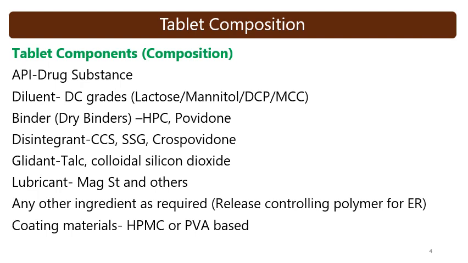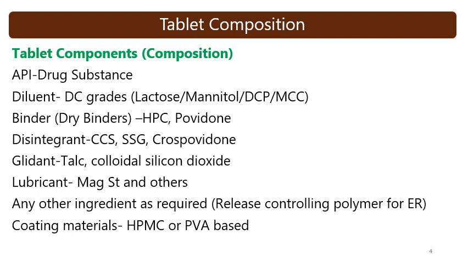Lubricants like magnesium stearate and others can also be used, like sodium stearyl fumarate, SSF, and calcium stearate. These can be used, and if the formulation is ER type of formulation, then release controlling polymers are used.